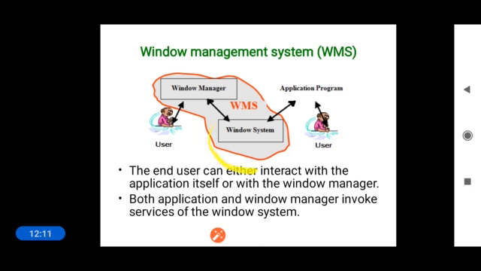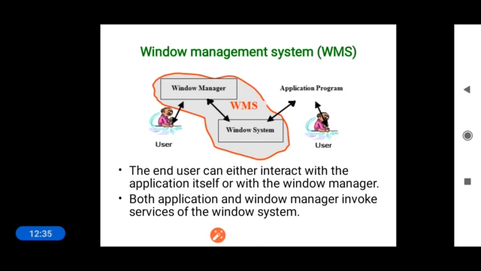Here the window system is managing all the windows that are used in our application, and it is also providing the routines to manipulate the windows, and it is also concentrating the behavioral aspects of the objects or items that are available in the window.